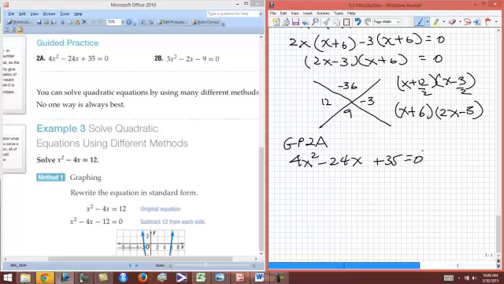Now, a equals 4, b equals negative 24, and c equals 35.